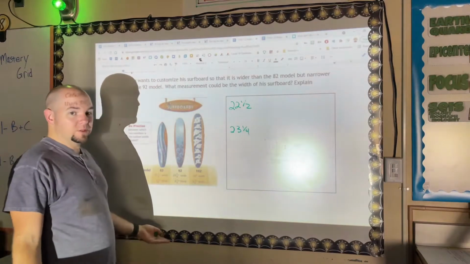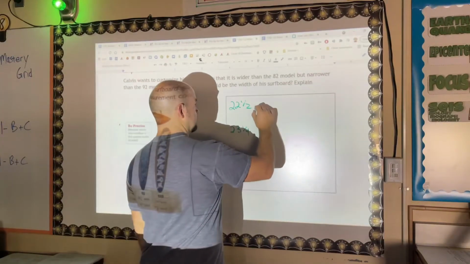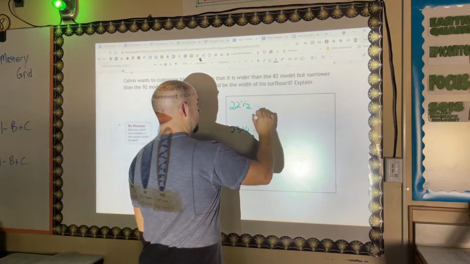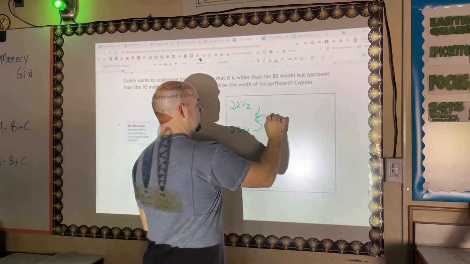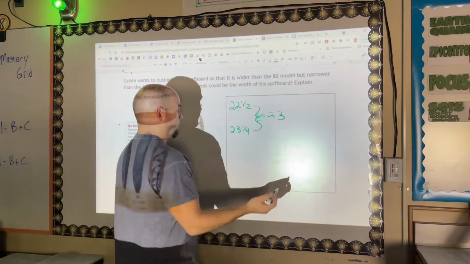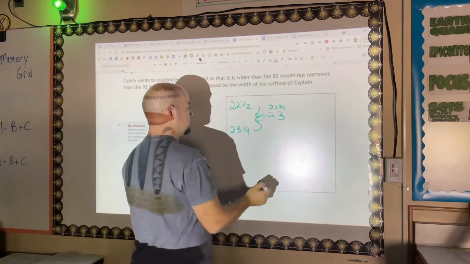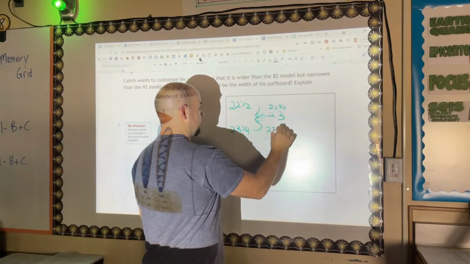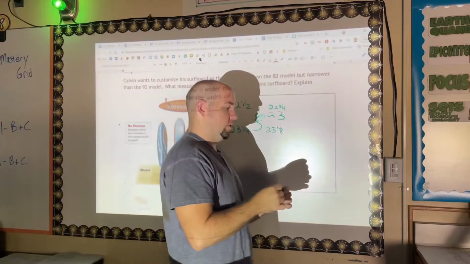So what's a number that's between 22.5 and 23 1/4? An easy one is 23. It could also be something like 22 3/4. It could be 23 1/8. Any of those numbers on the inside of that. It's just asking, what are some possibilities for those?